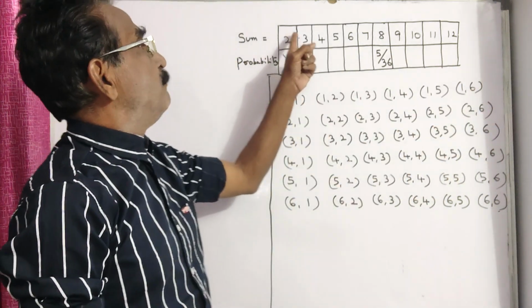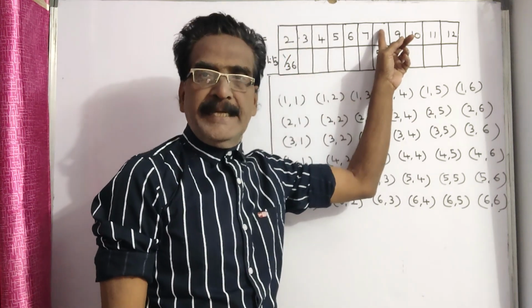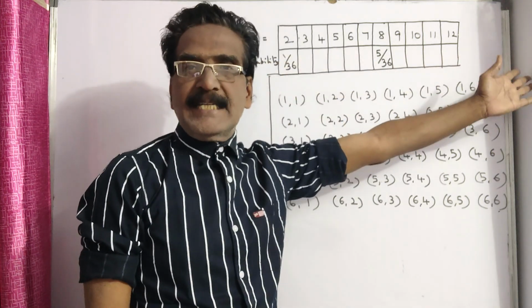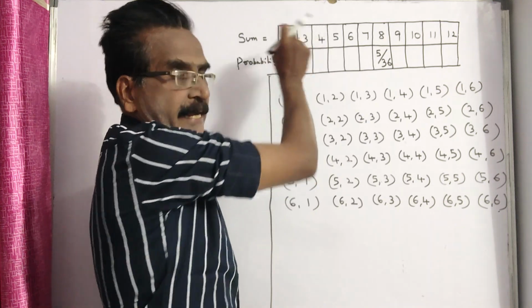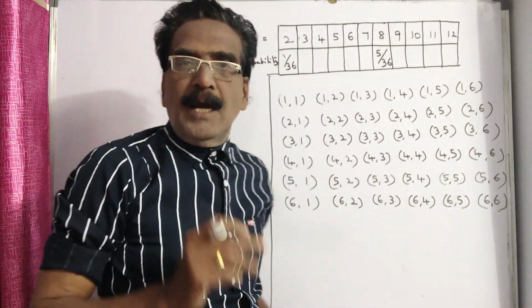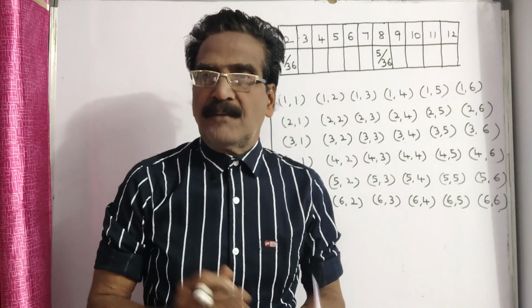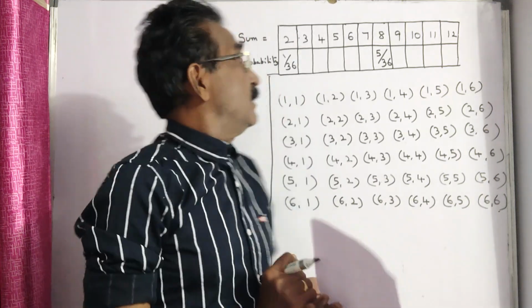See friends, sum 2 is already given and sum 8 is already given, and we have to fill up the next column. Okay friends, see sum 3, how many outcomes are favorable to get that sum on the two dice.